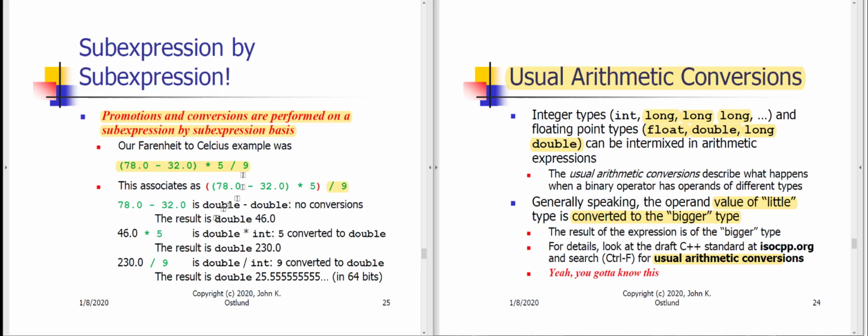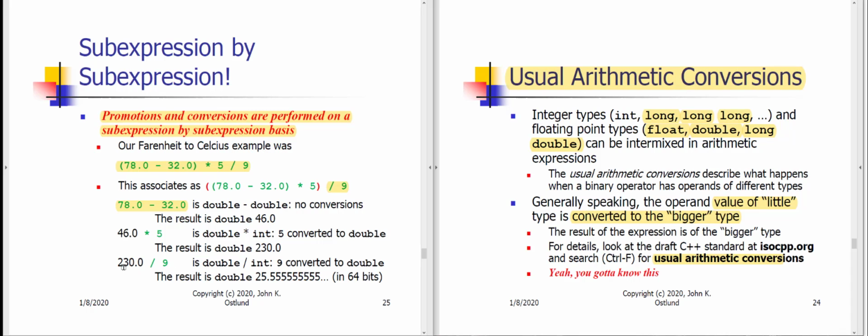All right? So in other words, step by step, because of the parentheses, the subtraction of one double from another occurs first, and we get a double value of 46.0. Then that value, which is a double, is multiplied by an int. Therefore, the int is converted to a double 5.0, and the result is the double 230.0.